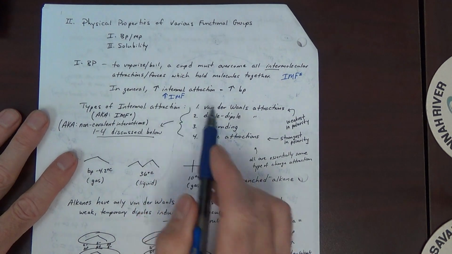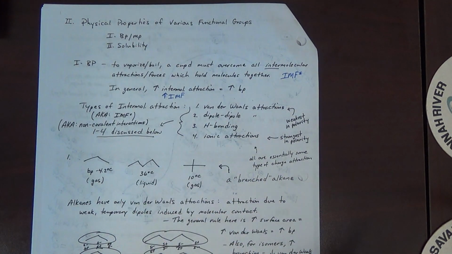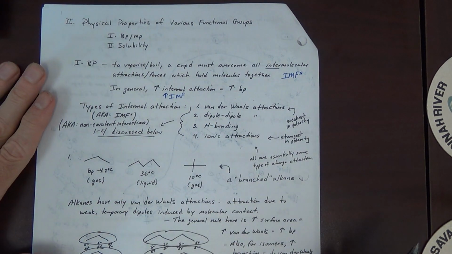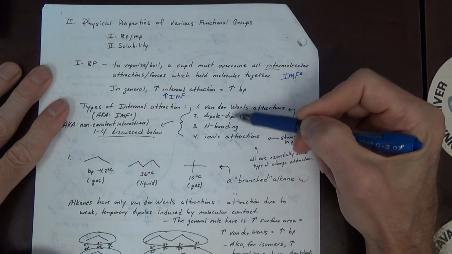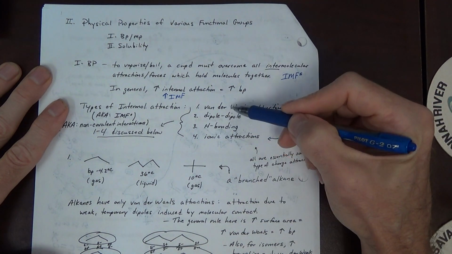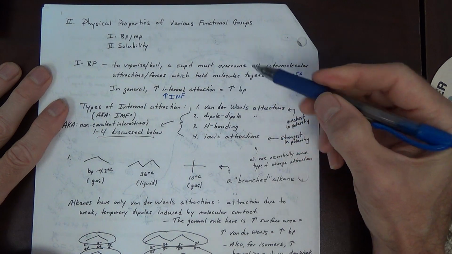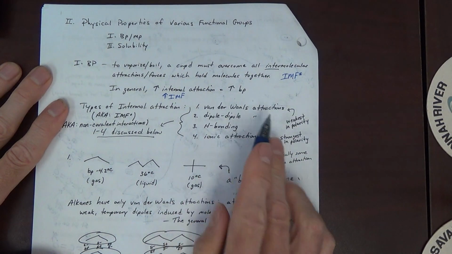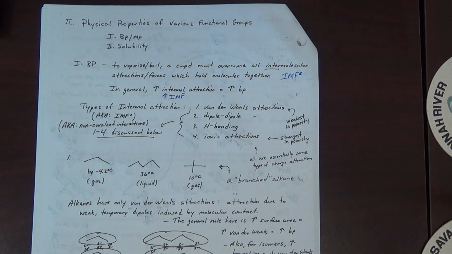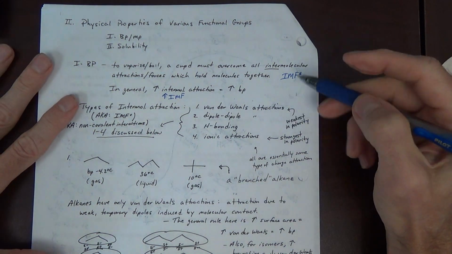So, if we're talking about IMFs, we've got to know what are the different types of IMFs that are possible. And these are the four that are possible. And we will discuss each of these in order. The first one will be the van der Waals attractions. Now these four are also listed in order of polarity.